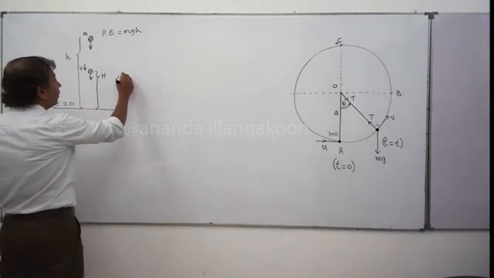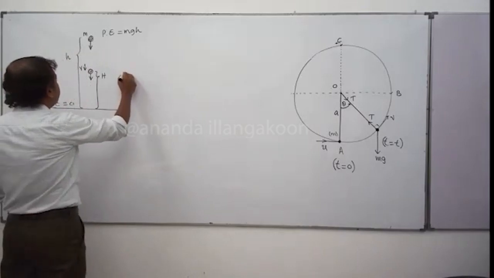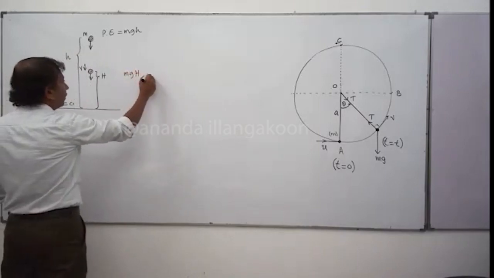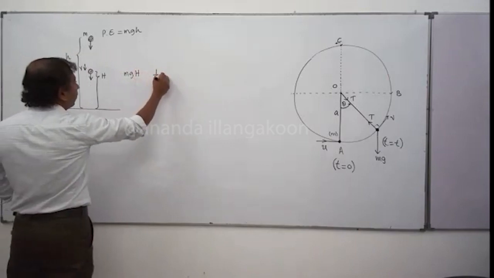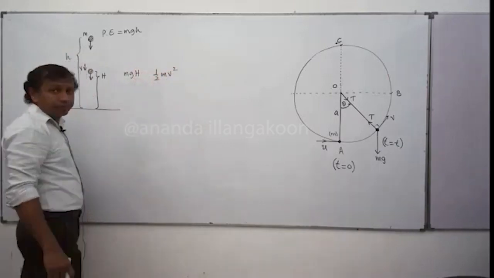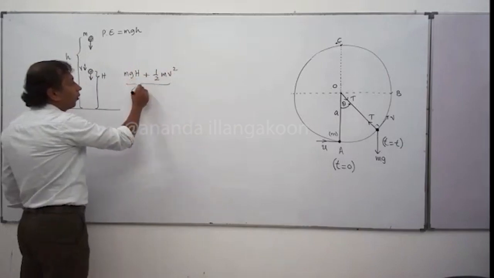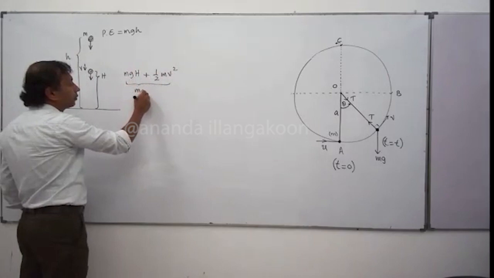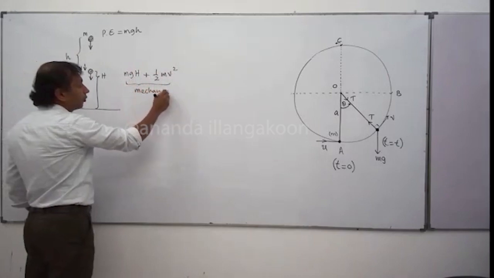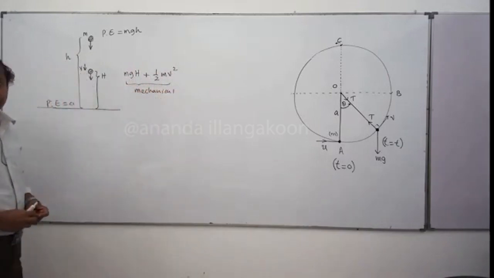So therefore, here we can find the potential energy. It is mg capital H. Kinetic energy, half mv squared. The sum of these two we define as what, people? Mechanical energy. Mechanical energy of the particle.